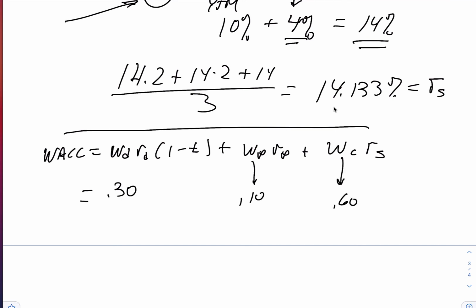And we know that this is 10%. And we know the tax rate is 40%, that was given. And we know this RP we calculated earlier to be 9%. And we just calculated this to be about 14.133%.